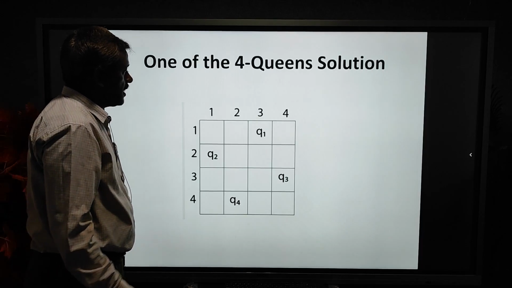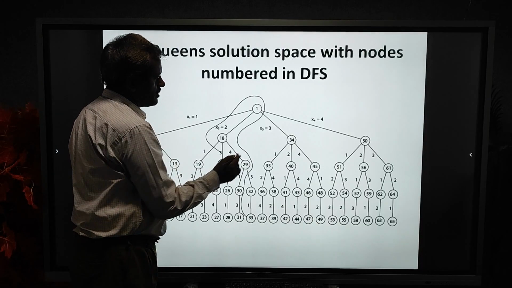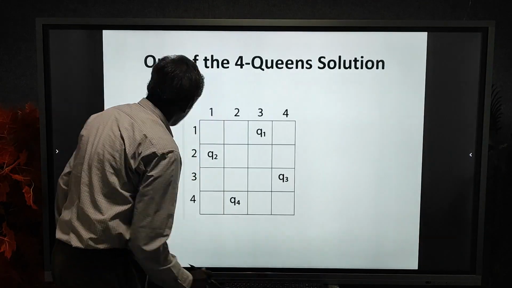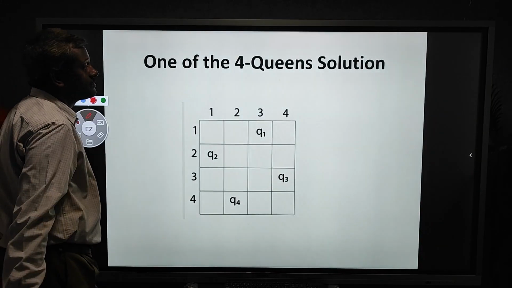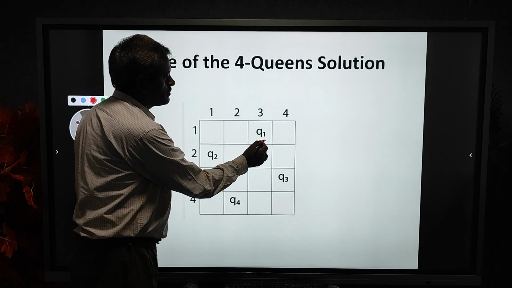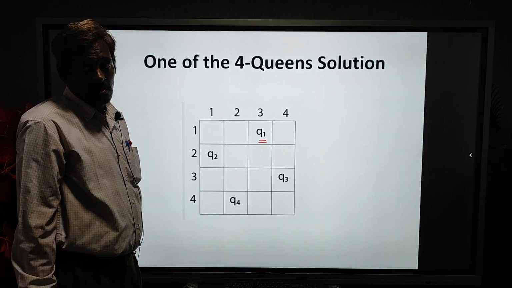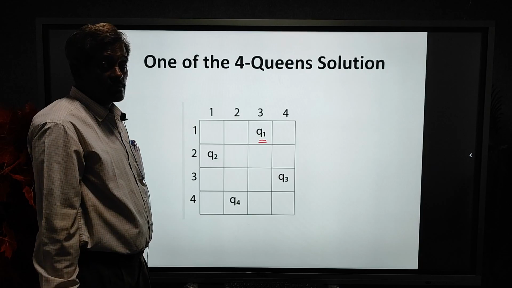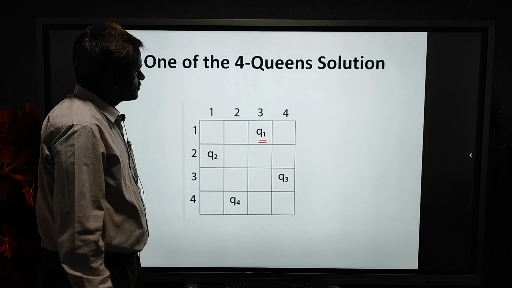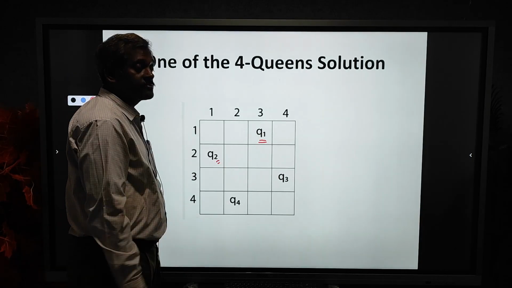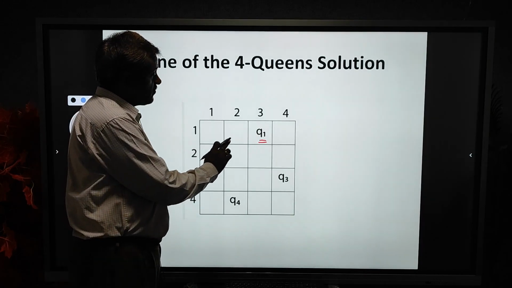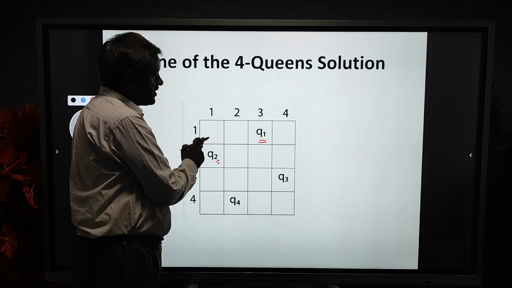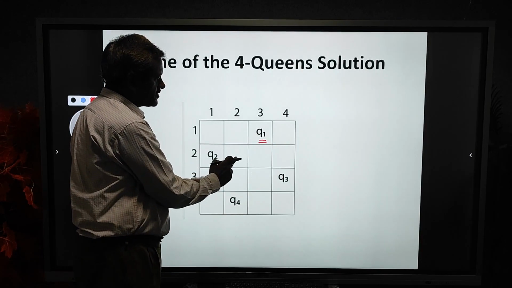Now I am keeping Q1 in the first row and third column. Now we will check the feasible solutions for Q2. I am able to place it here. That means it is not touching Q1 row wise, column wise, or diagonal wise.